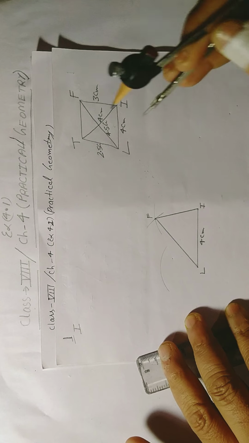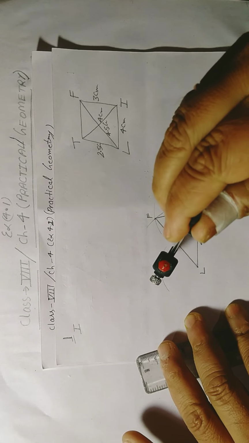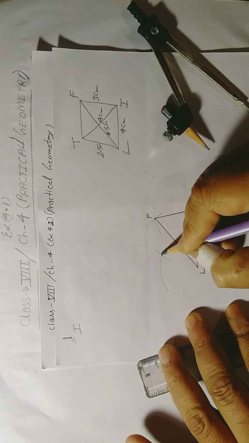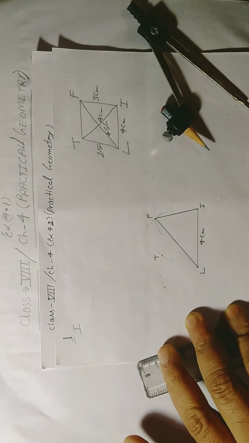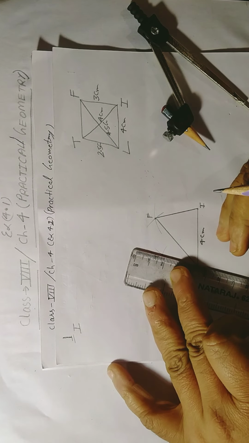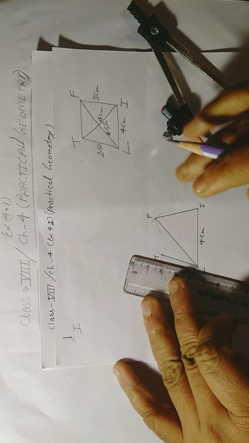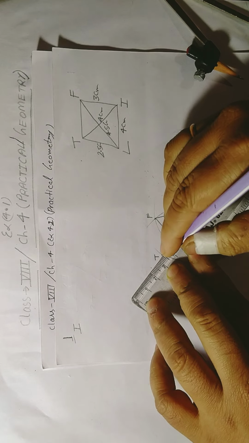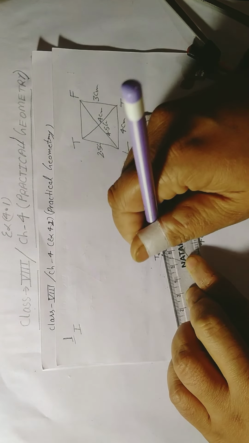Now we take distance 4 centimeter in the compass and draw an arc which cuts the just previous arc at T. Now join T to L, and T to I, and T to F also.